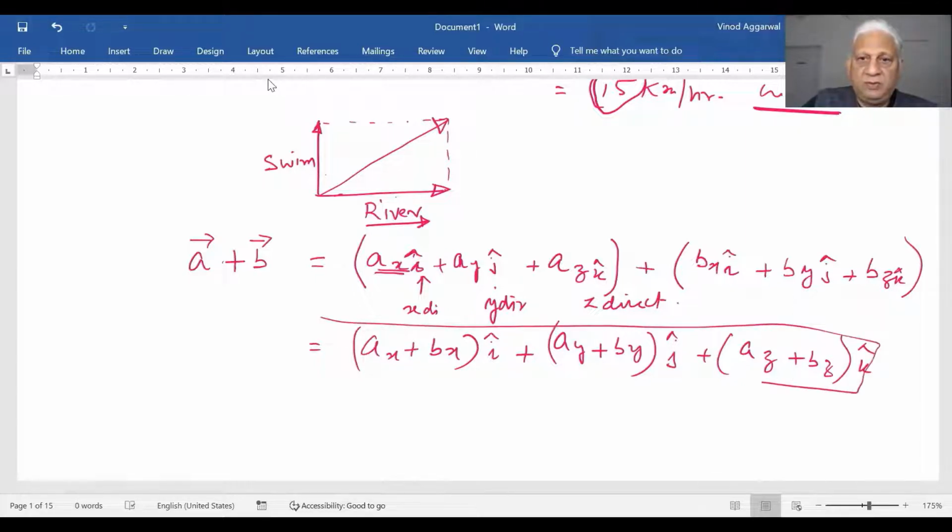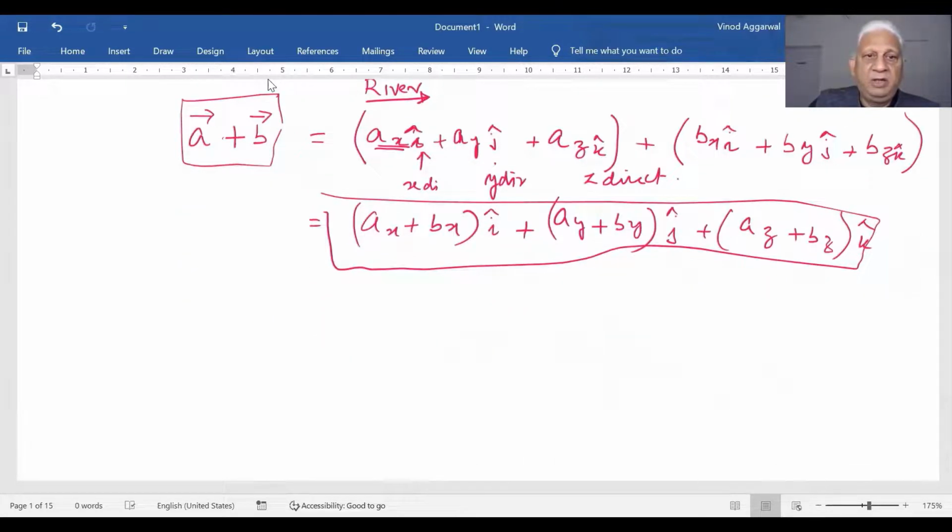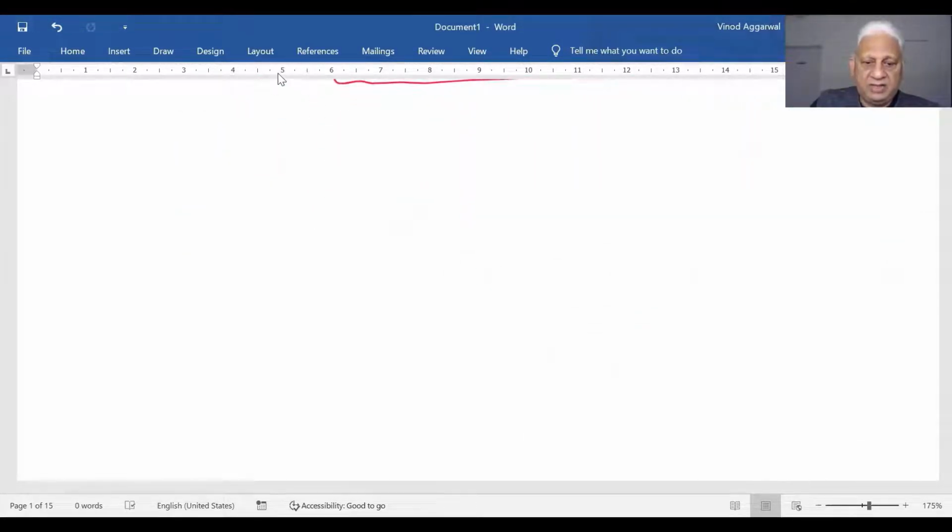So this is the simplest way of adding two vectors component wise algebraically. We can also see how two vectors are added geometrically.